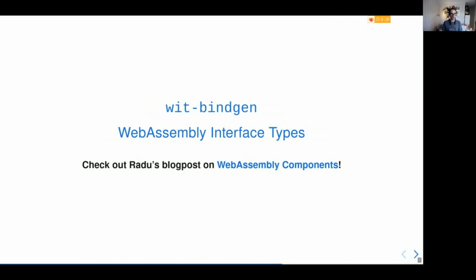There's a proposal. I believe Radu already mentioned it in his talk, and he has a great blog post about WebAssembly components. The key underlying component of WebAssembly components is interface types and the ecosystem it enables. We're using WebAssembly interface types and a Rust project called wit-bindgen to automatically generate bindings to give you superpowers like access to network requests, or the file system, things that allow a limited breakout of the sandbox, because normally WebAssembly wouldn't be able to access anything.